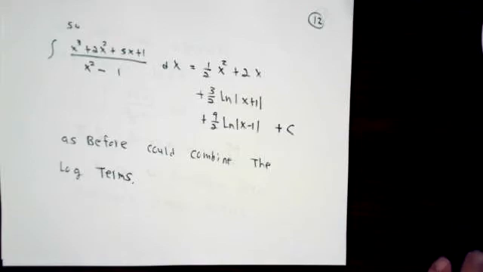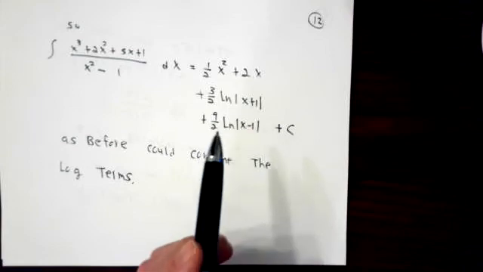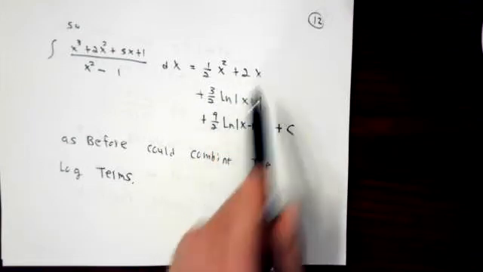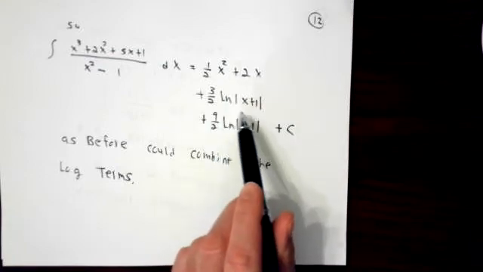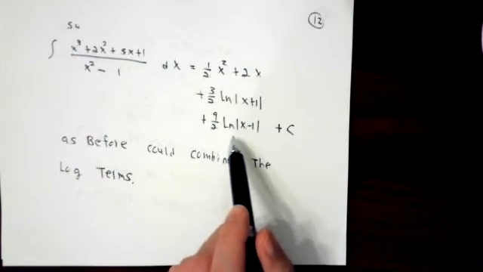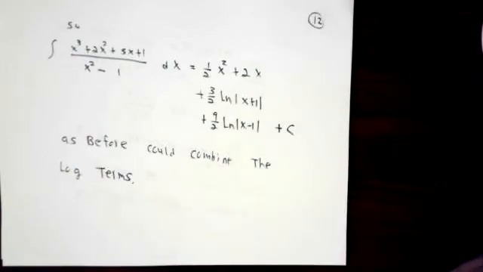So putting all the pieces that we've figured out together, the integral that is, we're not doing derivatives, the integral is 1/2 x squared plus 2x plus 3/2 natural log absolute x plus 1 plus 9/2 natural log absolute x minus 1 plus a constant. If we felt like it, we could combine those last two terms into one using properties of logarithms, but I'm just going to leave it like that.